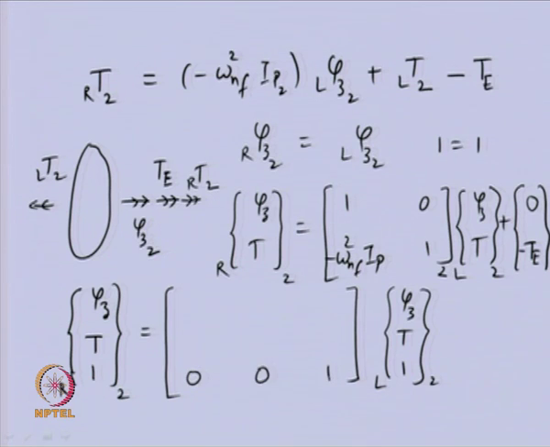If we multiply this, the last equation is 1 is equal to 1, and the first equation will have this form, and the torque equation will be modified as I p 1, and then the external torque which was outside is now coming inside itself.